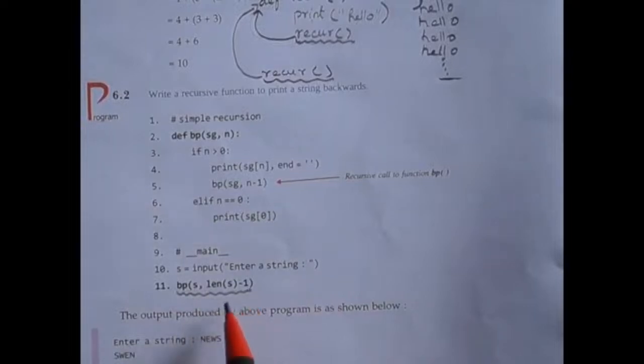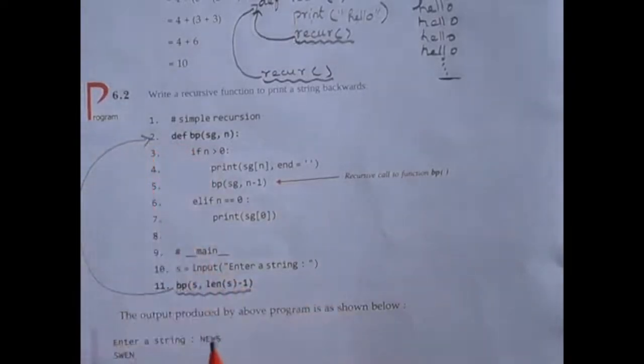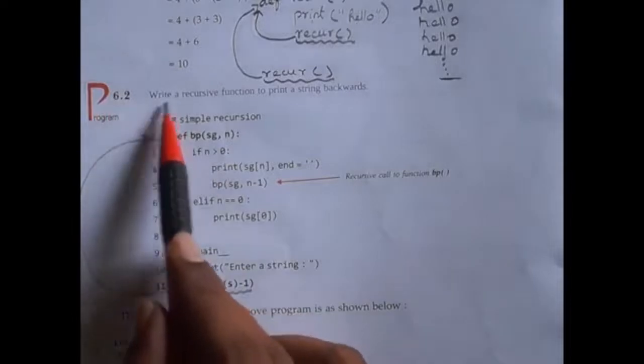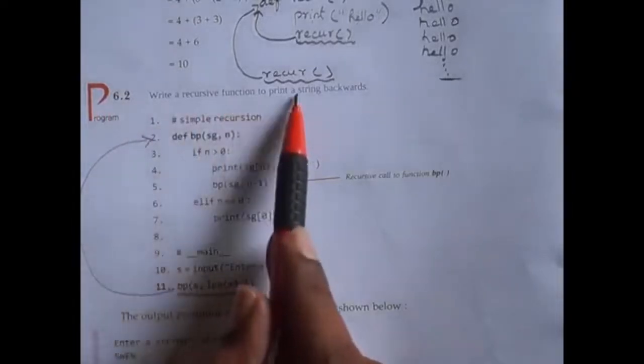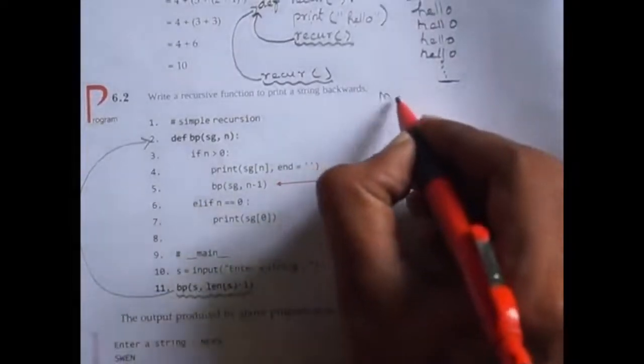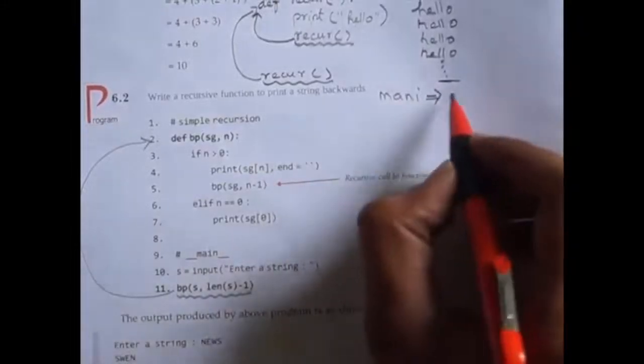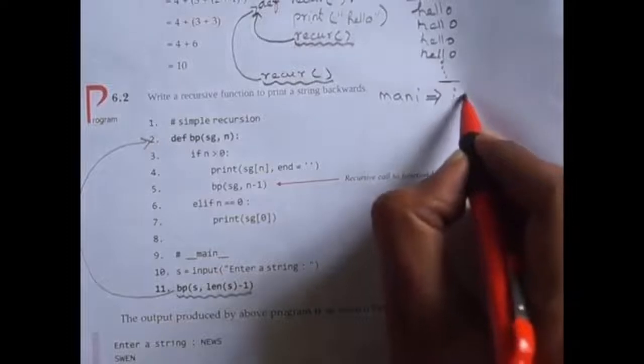It is a function call statement, so it will call the BP definition. Can you understand this concept? Okay. Now we can go to the program 6.2: write a recursive function to print a string backwards. For example, MANI. How do we print it backwards? INAM.